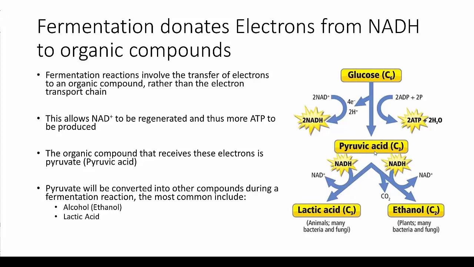So two of the most common types of fermentation pathways are lactic acid fermentation and ethanol fermentation, or alcohol fermentation. So there are slightly different variations of enzymes used, and each one produces a different compound in the end, for example, lactic acid or ethanol.